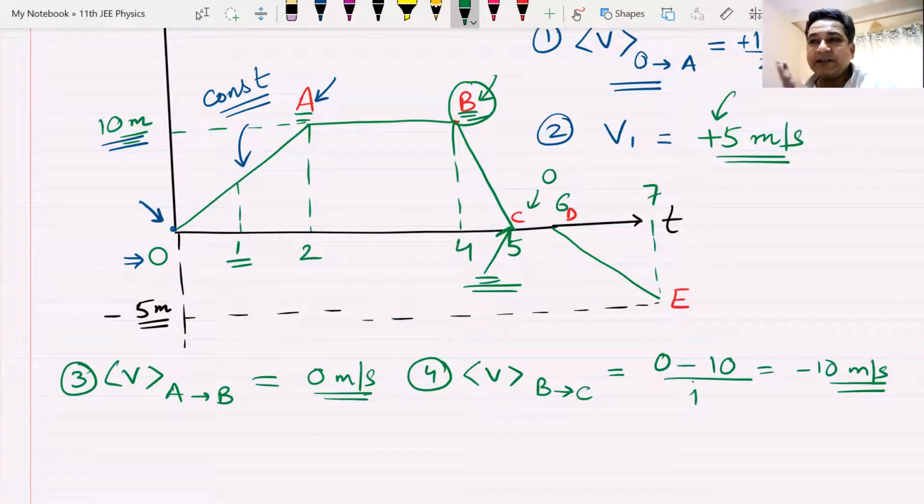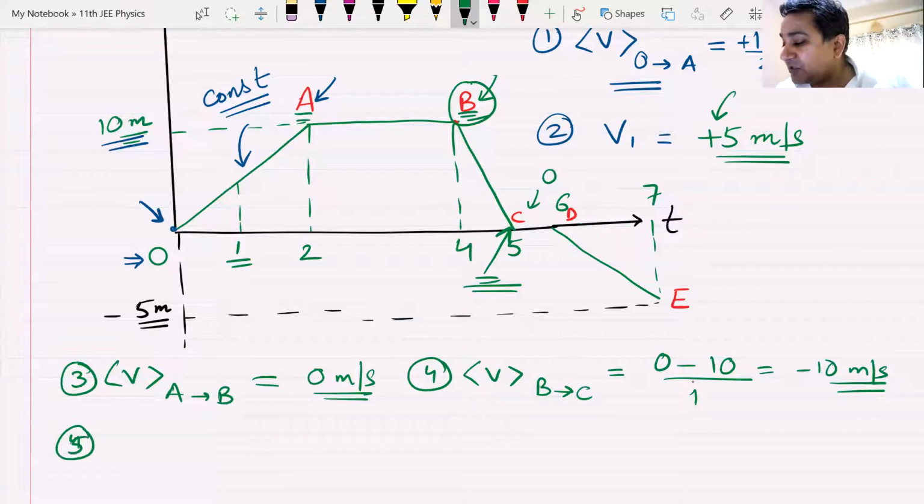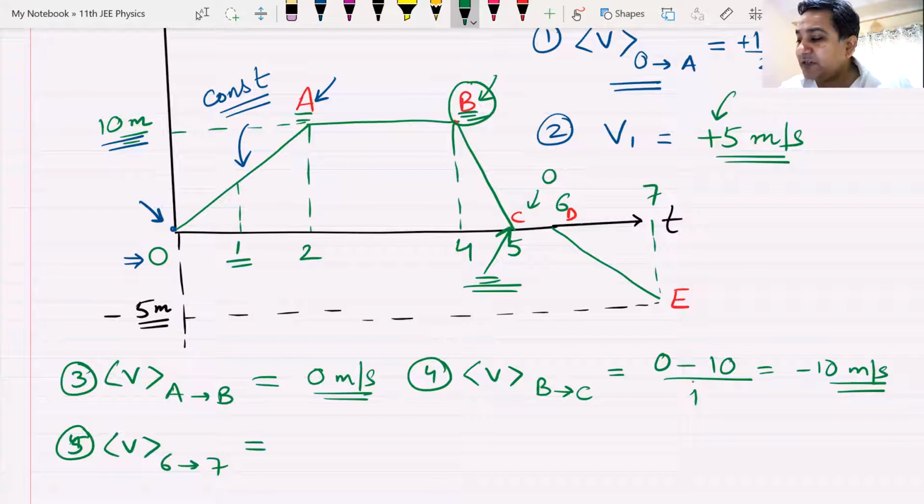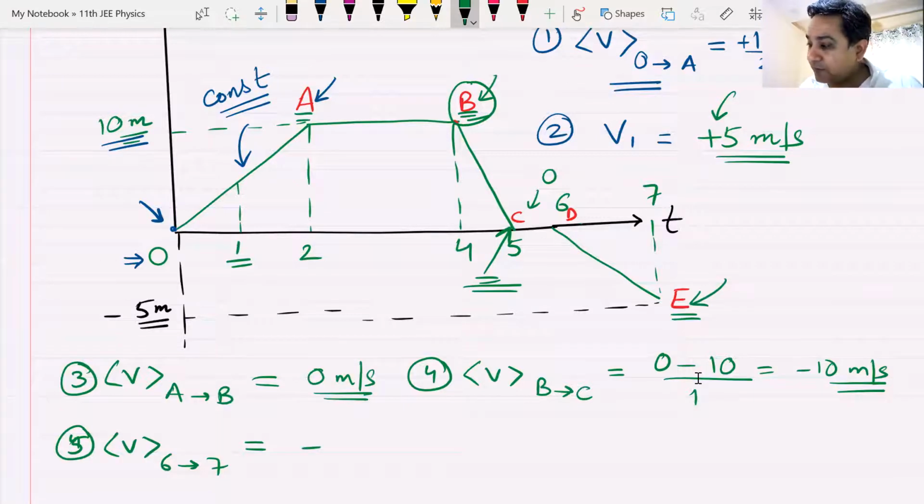Question number 8 maybe. What is the average velocity from 0 to 7 seconds? And the answer is from Karthik. Well done, Karthik. Well done, Goli. Correct answer. The point is at minus 5.